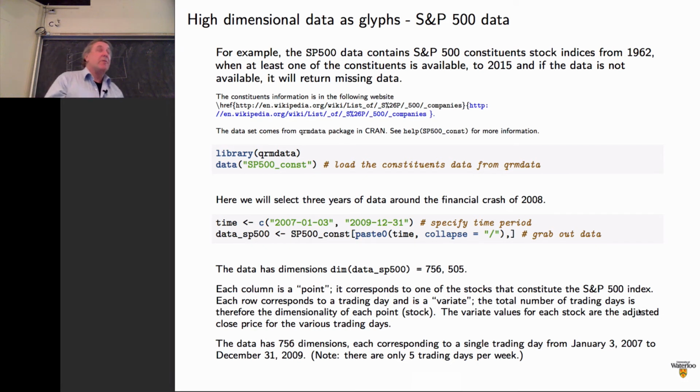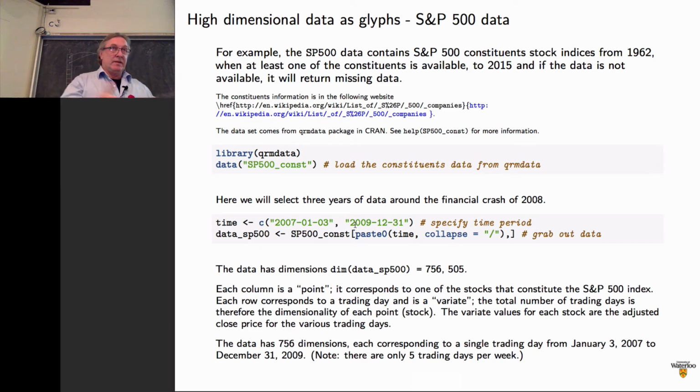So the dimensionality is, I think, I used 3 years, 2007 to 2009, 3 years of data. However many days there are in that time period, by that I mean weekdays, operating days, that's the dimensionality. Okay, so roughly speaking, think of 5 times 52 times 3.